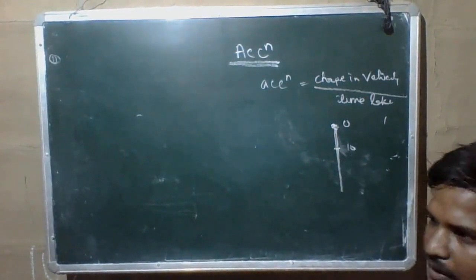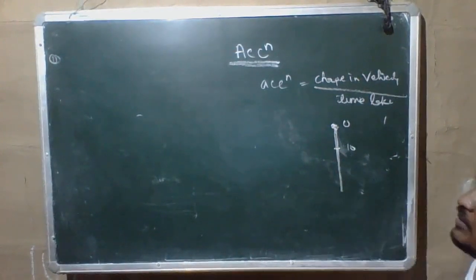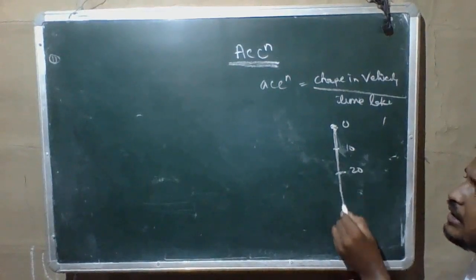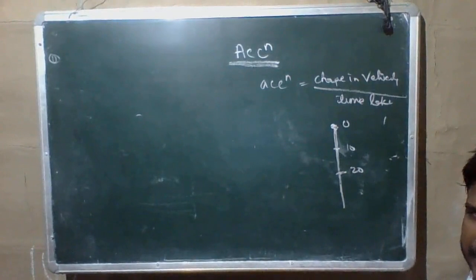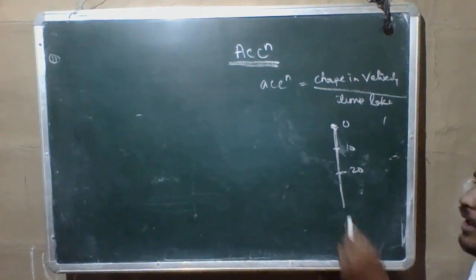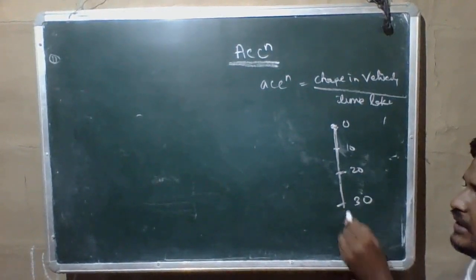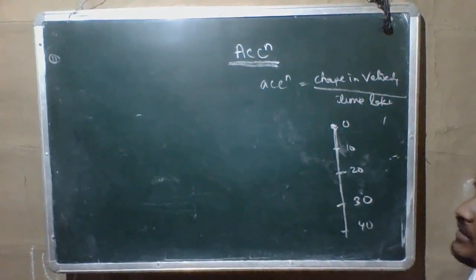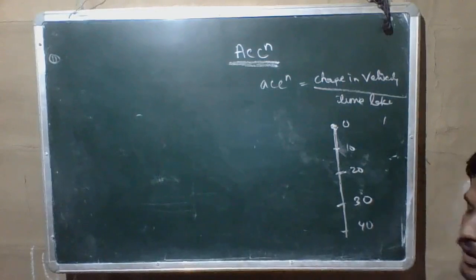After 2 seconds velocity becomes 20, so the velocity is increased by 10. After 3 seconds velocity becomes 30, after 4 seconds velocity becomes 40. If this happens, it is called uniform acceleration.